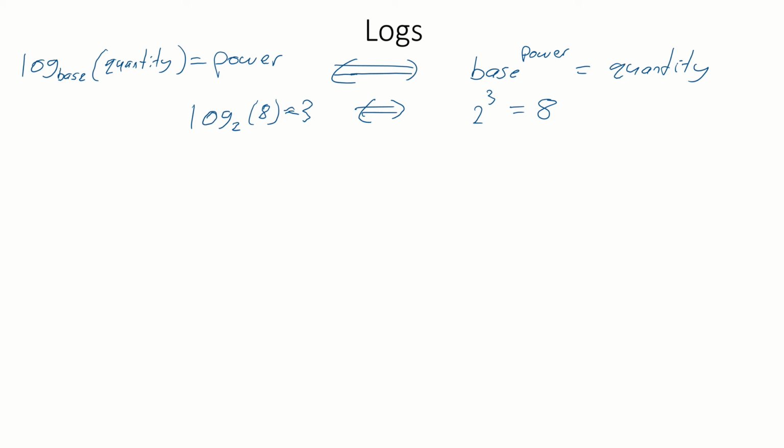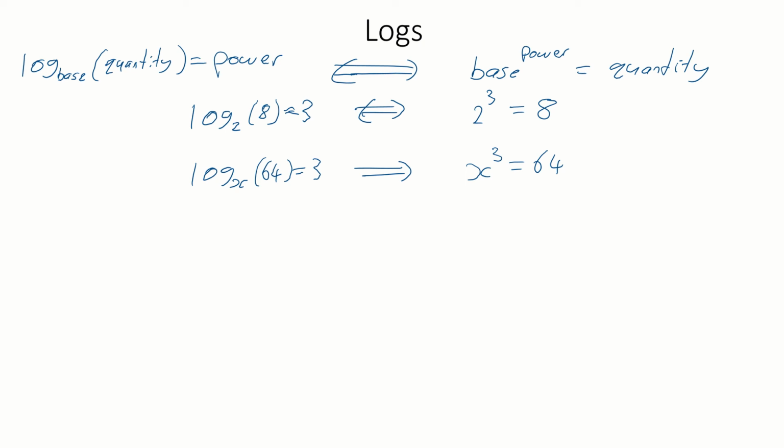So let's just do an example where you give it in log form and it's going to be useful to convert it to exponent form. So if you're given log base x of 64 equals 3, here x is not the subject of the equation. So let's convert it. This means x cubed equals 64.